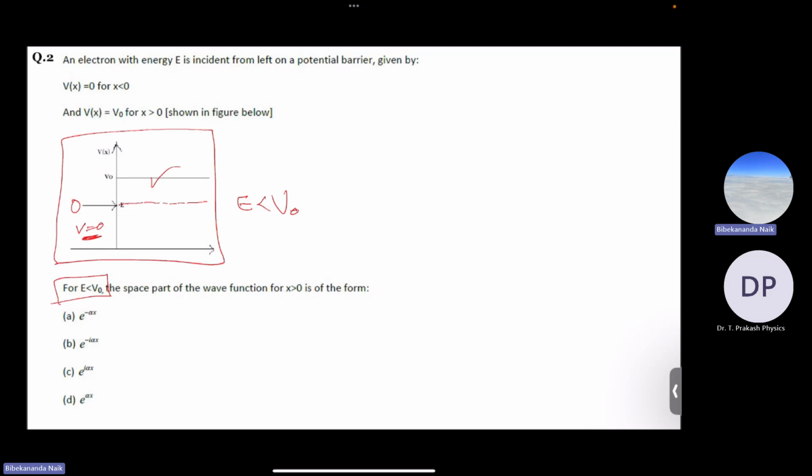In this region, this is region 1 and this is region 2. So there are two regions in this question, and we need to find the wave function in region 2. How will we proceed first? Can you tell me? No, sir.